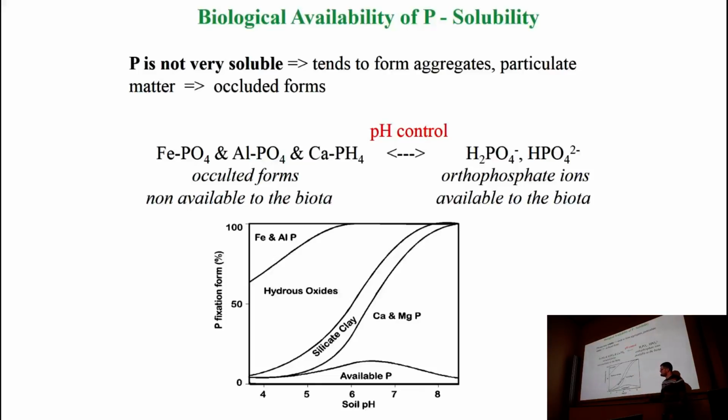So this is a double-edged sword: we have to spend a lot of energy and effort either mining phosphorus or the natural world weathering rocks, and then most of it suddenly becomes unavailable.